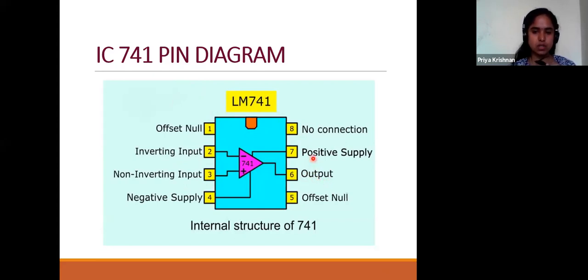One is for the positive side occupied by pin number 7, and one is on the negative by pin number 4, and I have three more pins left out here. It is offset null in 1 and 5, and then no connection in pin number 8. So this is my internal diagram as well as the pin diagram of my op-amp. Once you know the symbol of op-amp, it is very easy to draw the pin diagram of op-amp. Yes, I'm moving to the next slide.